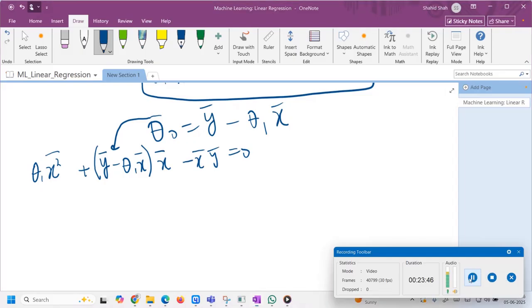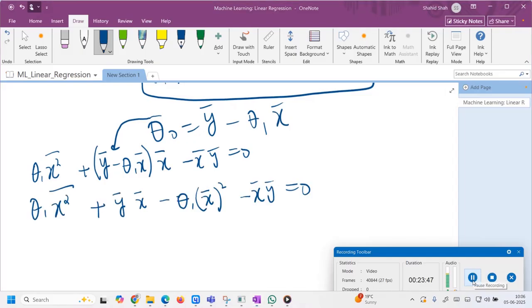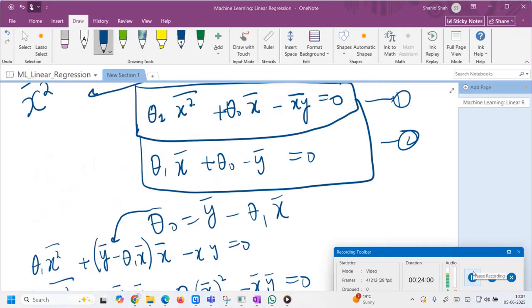Now let's simplify it further. So we get theta 1 x square bar, then x bar times y bar, then theta 1 times x bar whole square, and minus this. Now let's eliminate theta 1 and get the solution. Wait, I made a mistake. It is xy whole bar here.